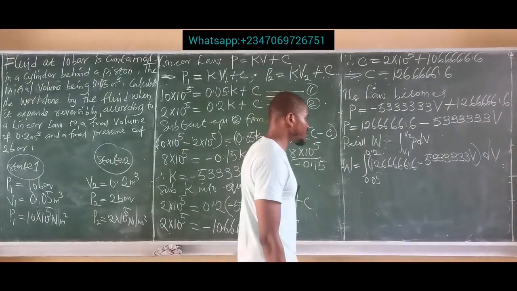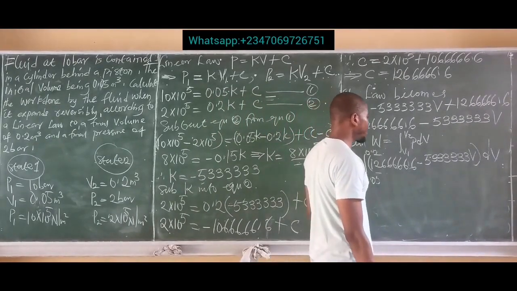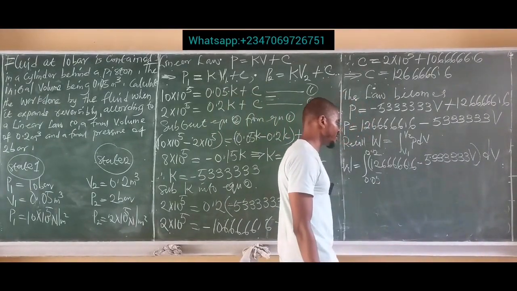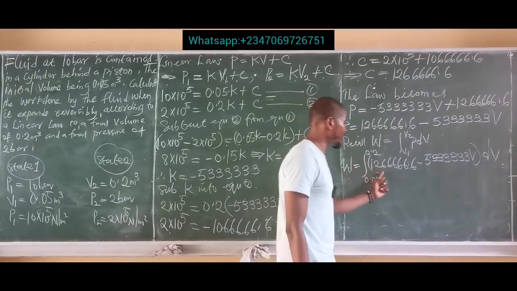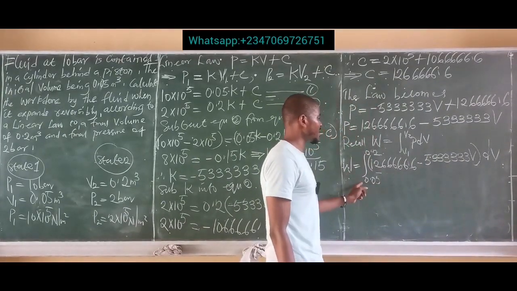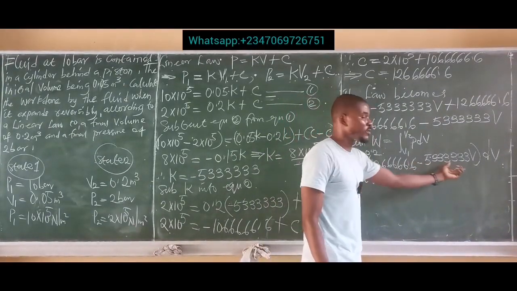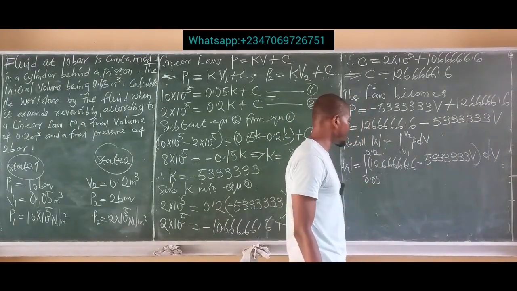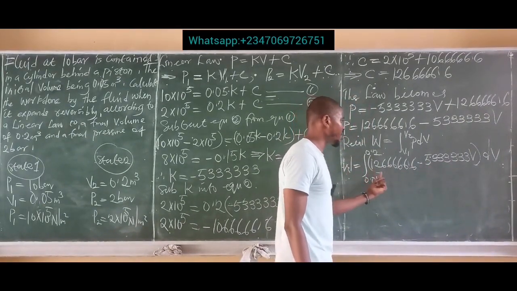Now, from the rule of integration, the integral of a difference is simply the difference of the integrals. Since I have the difference inside this integral, it means use the integral sign to expand the bracket.